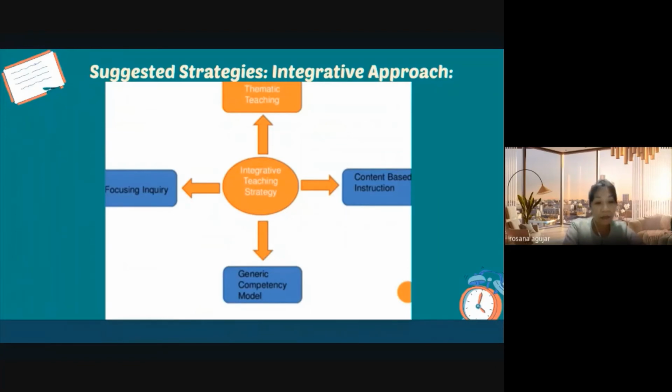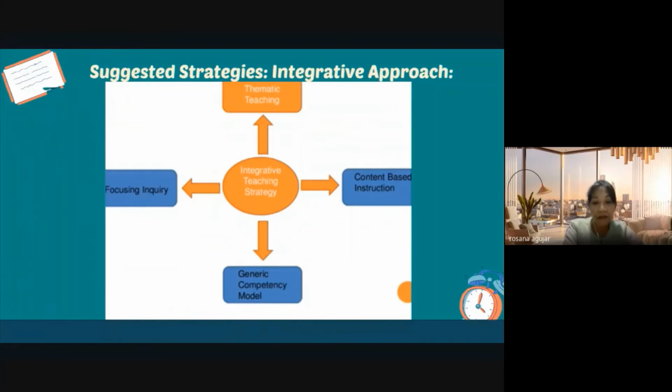Generic competency model enables the students to develop competency or competencies by connecting one subject to another. You can now know how to connect one subject or one lesson from the other lesson. Then the student can now develop the competency.